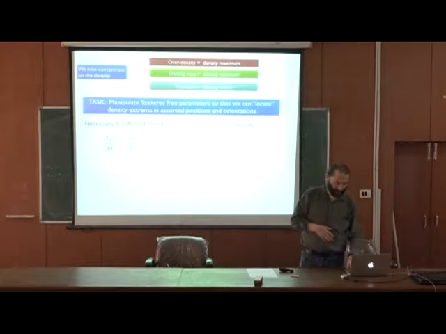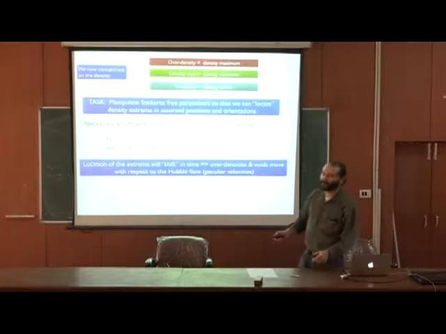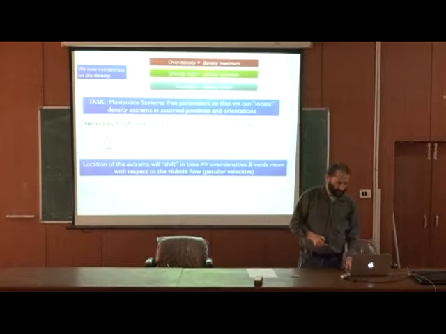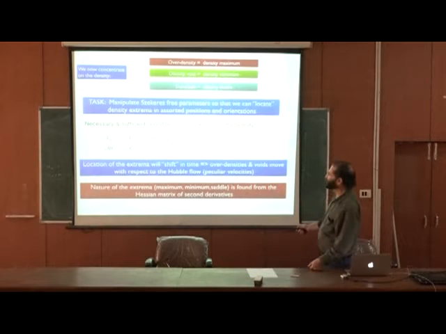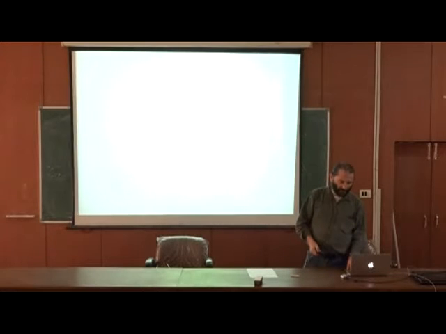But nevertheless, this can be solved, and the location of the extrema will shift in time, which means that the overdensities are not comoving, they have peculiar velocities, which is realistic, right? Small peculiar velocities. Peculiar velocities are velocities with respect to the comoving frame. So this is realistic. And then the nature of the extrema, whether it's a maximum, minimum, or saddle, is found by the second derivatives, which is the Hessian matrix of this system, right? So you can look at the conditions.